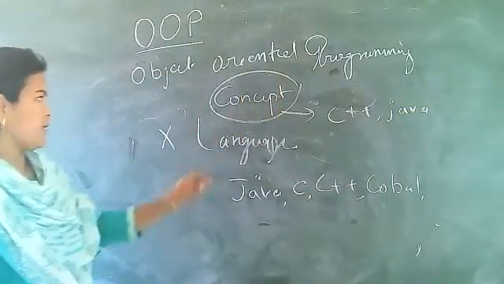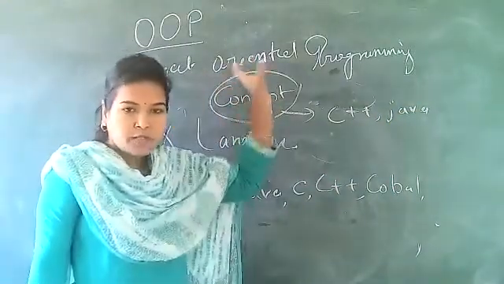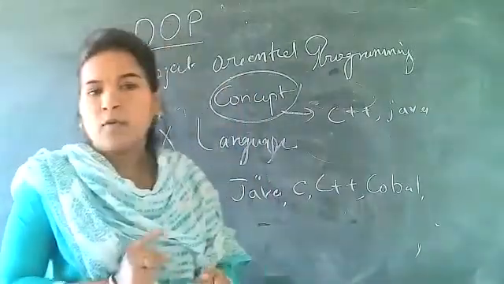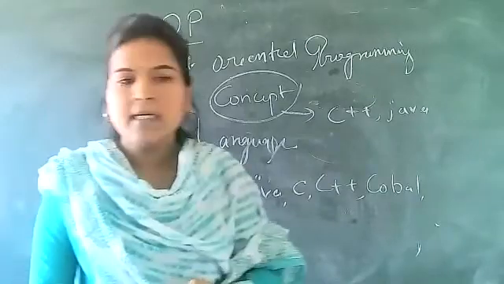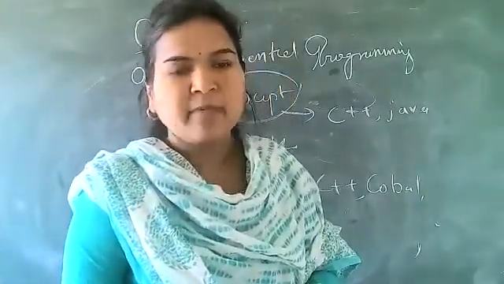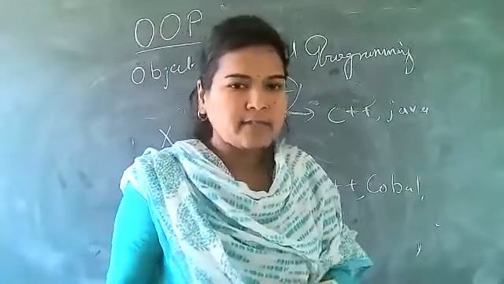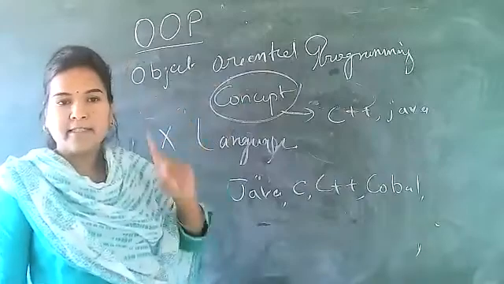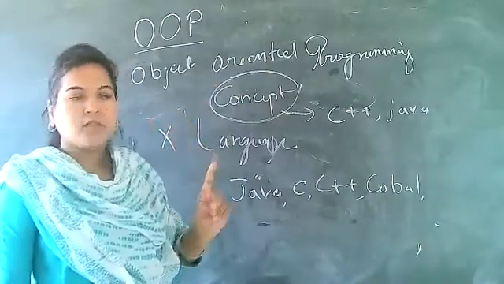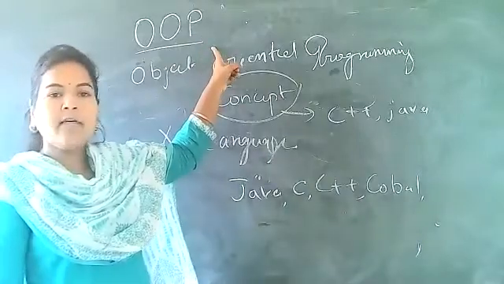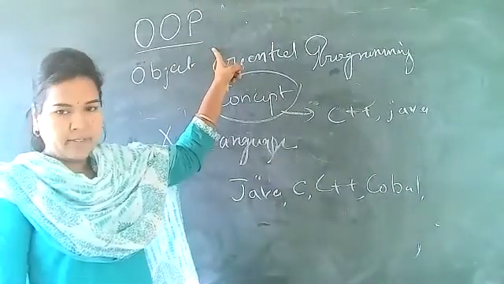If you understand the concepts of OOPS, then you can easily understand the Java language, the C++ language, and many modern languages. I told you, it is not a language, it is a concept.